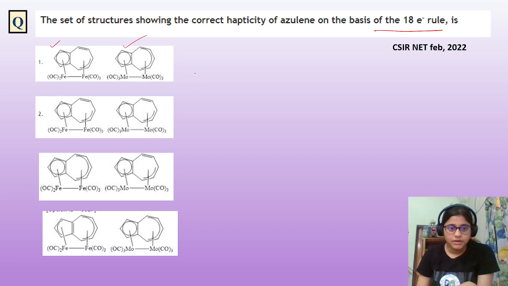So first it is 5, because this circle covers 5 carbons, so all are donating. For Fe, 8 electrons and 5. Fine. Carbonyl 2, so 4. One metal-metal bond is present, don't forget this. And again one Fe, 8.